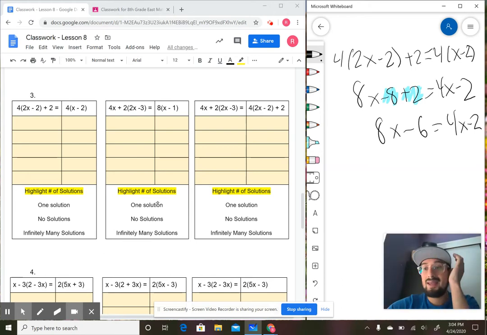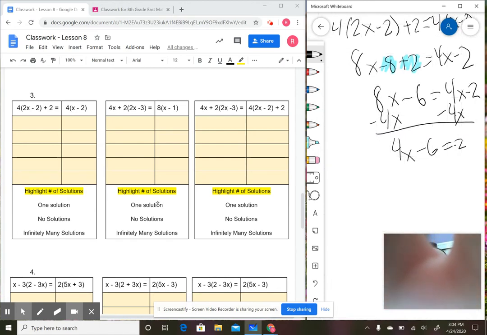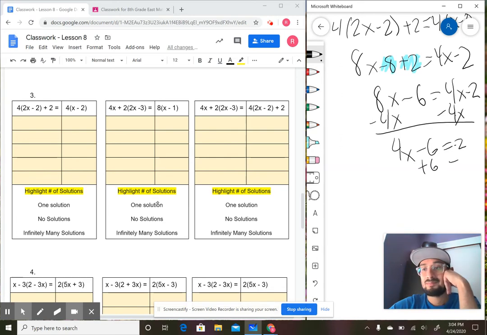Subtract the 4x on both sides. 4x minus 6 is equal to negative 2. And then add the 6. Oh, I see a mistake there.